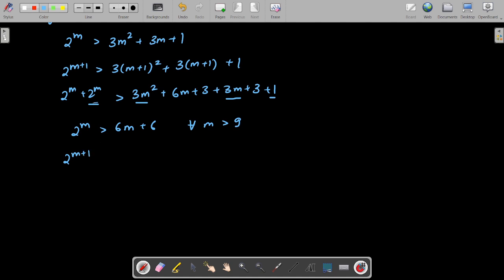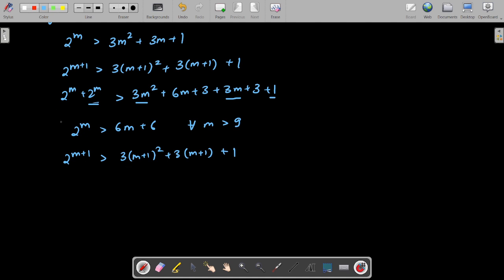We can add 2 to the power m on the left hand side and 3m square plus 3m plus 1 on the right hand side to get 2 to the power m plus 1 is greater than 3 into m plus 1 square plus 3 into m plus 1 plus 1, which is essentially our inductive step.